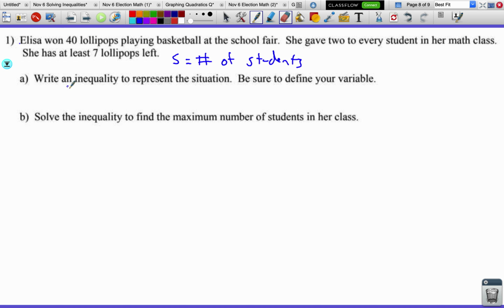All right, so write an inequality. So she starts with 40 lollipops. Then she's going to give away 2 for every student in her class, which we don't know, so 2S. She has at least 7 lollipops left. So this amount here is how many she has left. This is greater than or equal to 7.